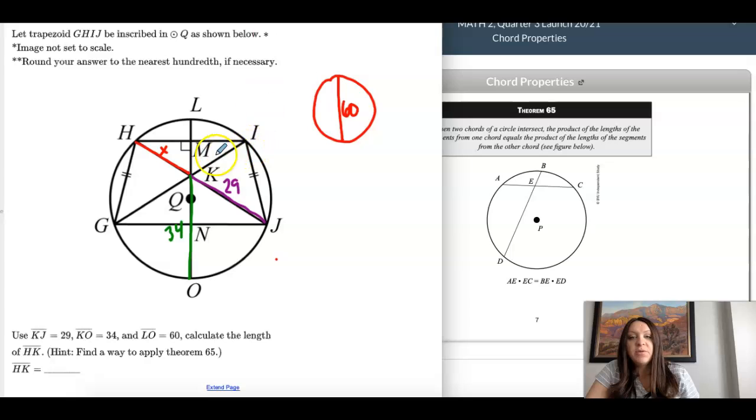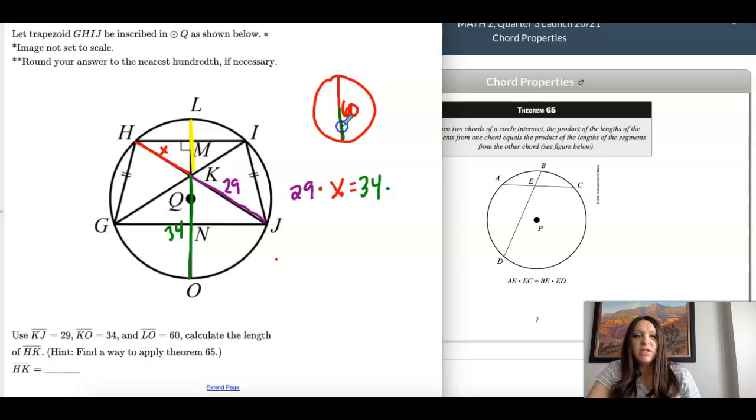Let's see. So here's our two chords. 29 times X. Those are intersecting. And our other two intersecting are the 34 and then this one that we don't know the length of. But we're going to use the diameter over here.